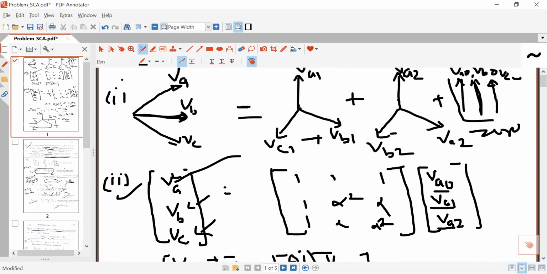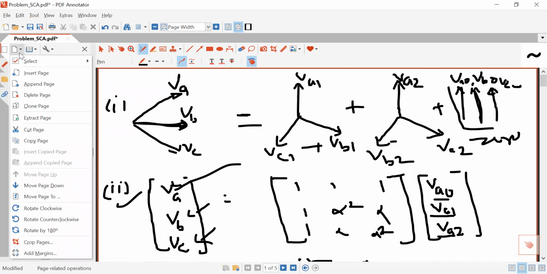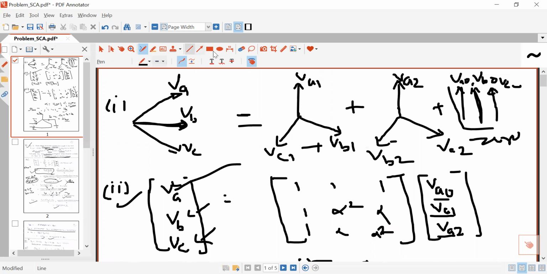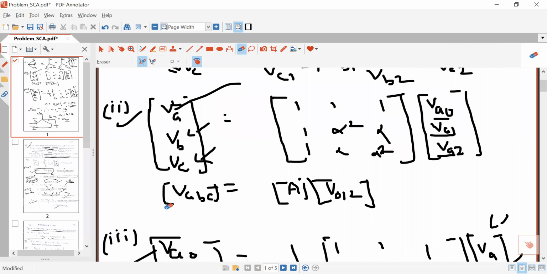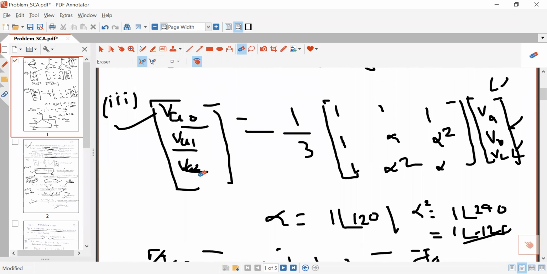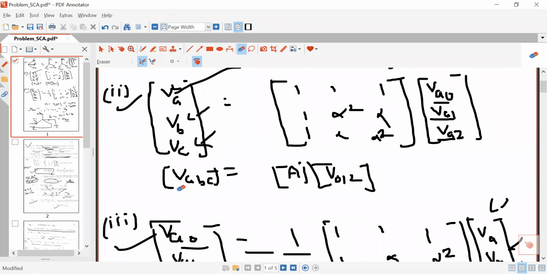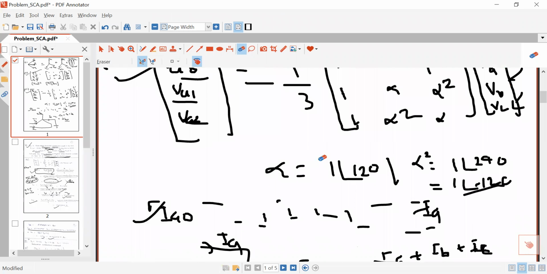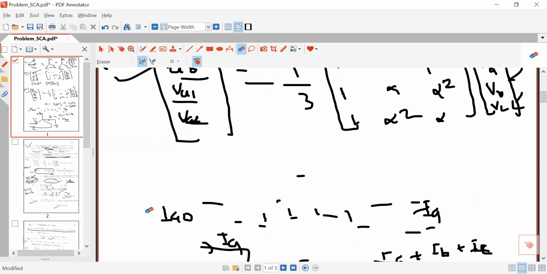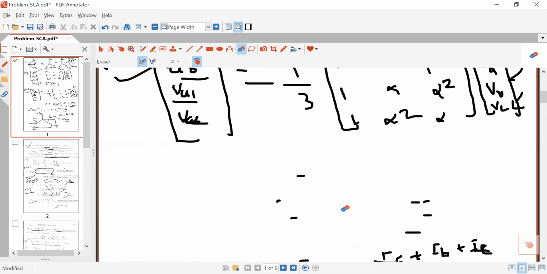But sound knowledge of phasor algebra is desirable. How you can do the mathematics in phasor form is very important to solve problems based on symmetrical component analysis. So you must revise phasor algebra.